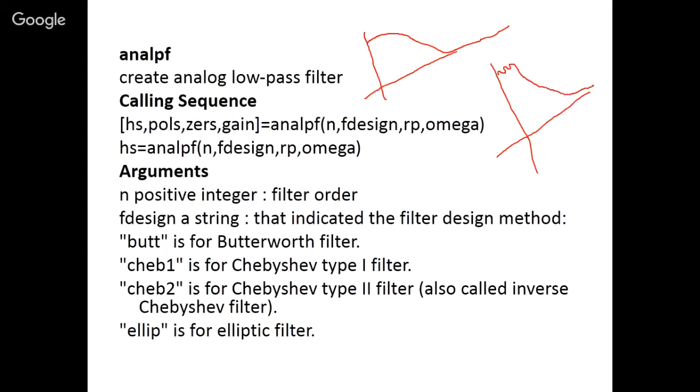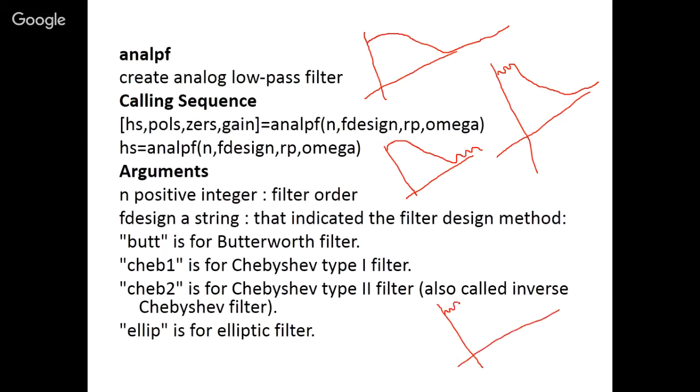So this is your Chebyshev 1. And similarly, in case of Chebyshev 2, we will get the smoother option in your pass band. But in your stop band, we can get some ripples. That is your Chebyshev 2. In case of elliptical, there will be ripple in both the cases.